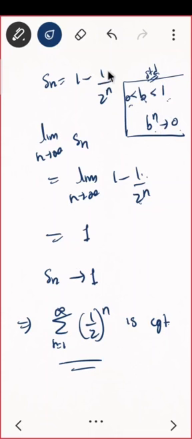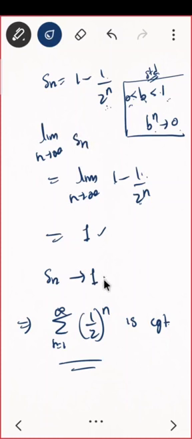So look at this. If you take the limit, this is 1 upon 2 raised to n. That means B is your 1 by 2, B is lying between 0 to 1, and B raised to n goes to 0. So the answer is 1. That means this Sn is converging to 1.